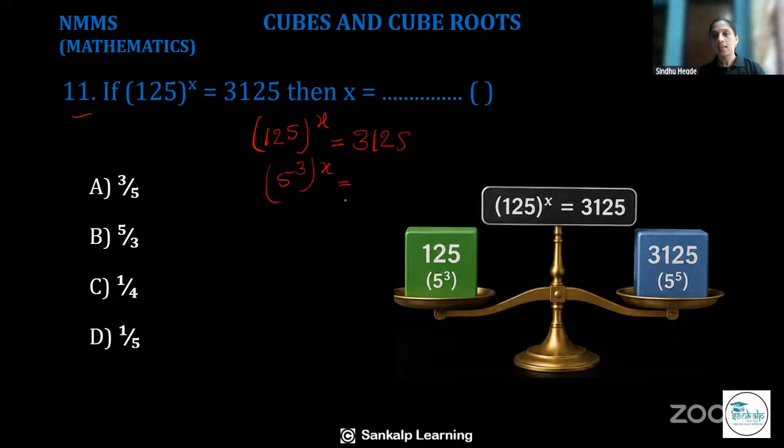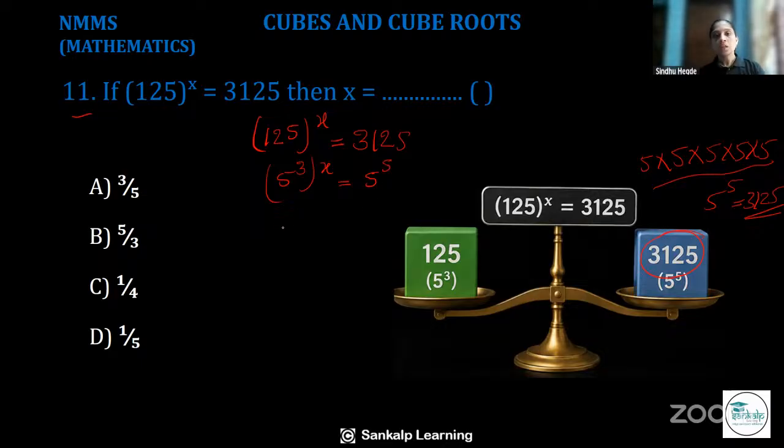Here also 3125 is the multiplication of 5, five times. So it is nothing but 5 raised to 5. So in the place of 3125, we can take 5 raised to 5.